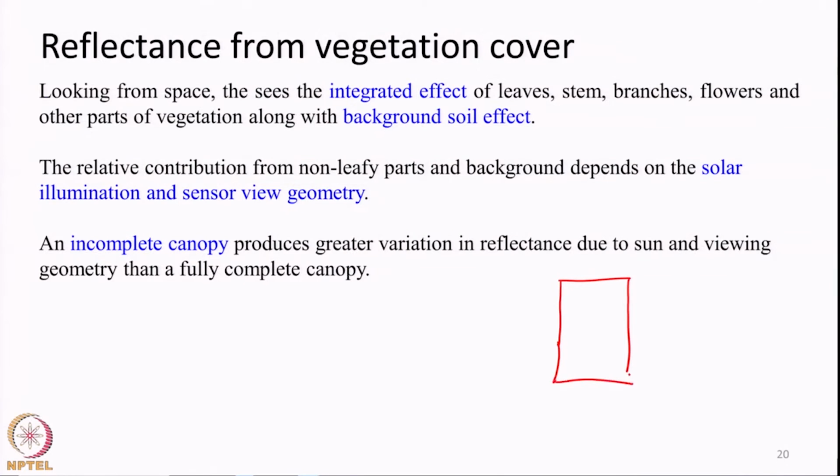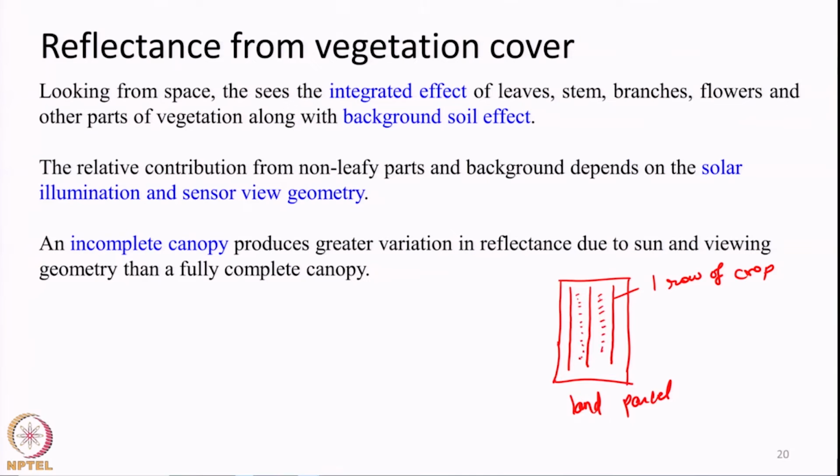Okay, so, this is like a land parcel where crops are planted in rows like this. Each red line here represents one row of crop. Whenever such row cropping is practiced, the in-between portion will normally be left barren or fallow without any vegetation. So, the in-between portion will be soil.